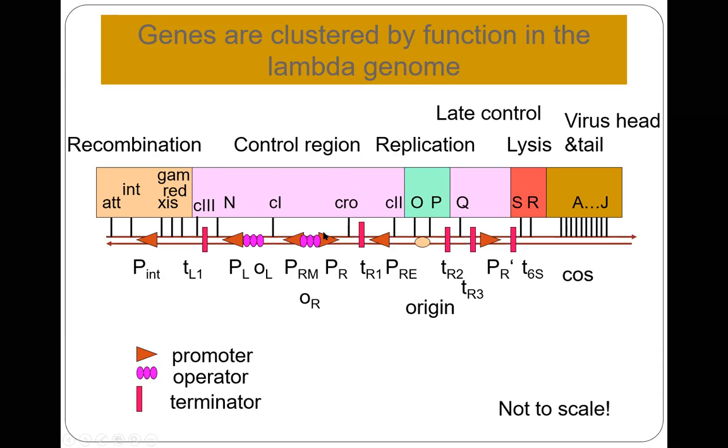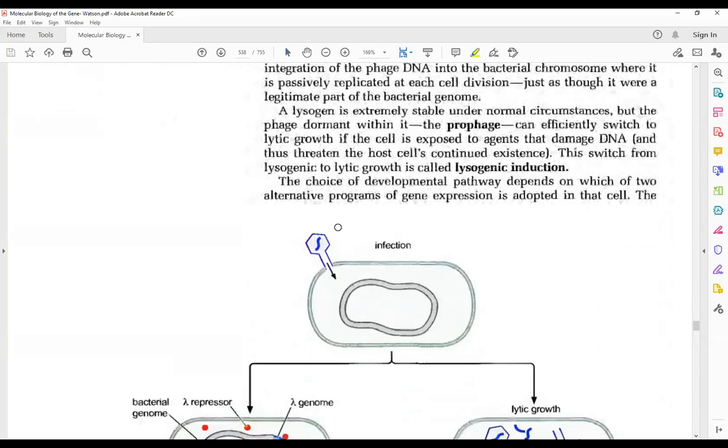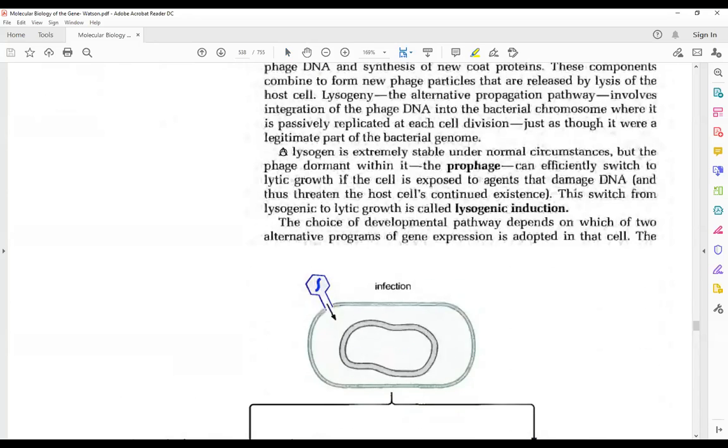Before understanding this particular diagram, we must have some more basic information about the lambda phage. For the sake of simplicity, I'm just going to start from the book Watson. I've told you what a lambda phage is, how it makes a prophage. See, a lysogen is extremely stable under normal conditions, but the phage dormant within it is called the prophage.